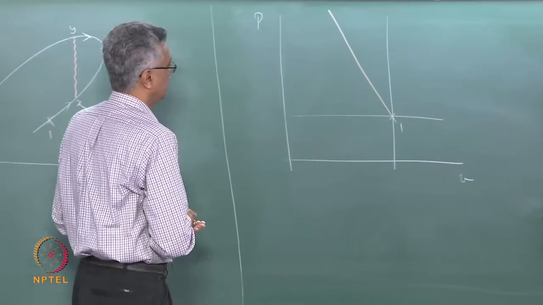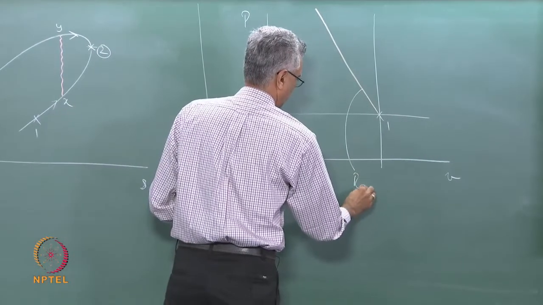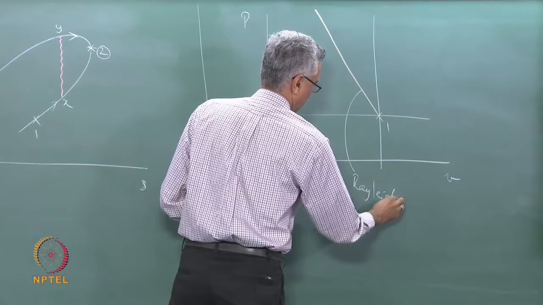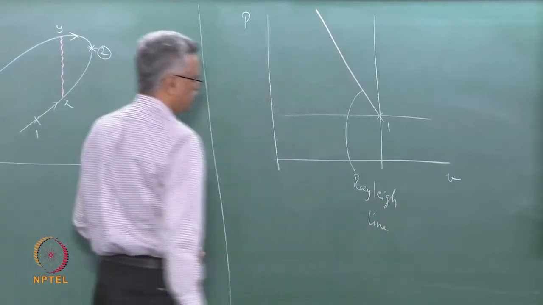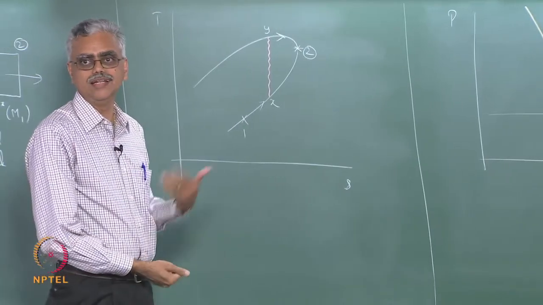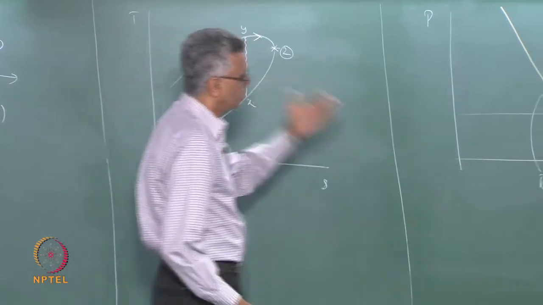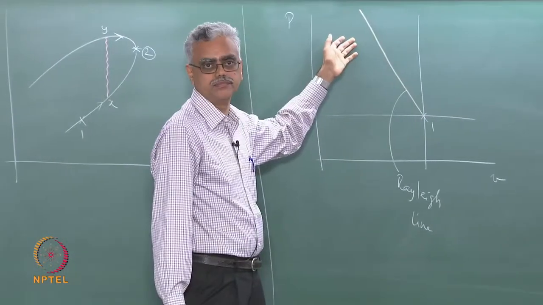So, this is my Rayleigh line, this is my state 1. The important difference now is that I stay on the same Rayleigh line, I am not going from one Rayleigh line to the next like I did in the subsonic case. So, here all the states must lie on the same Rayleigh line.